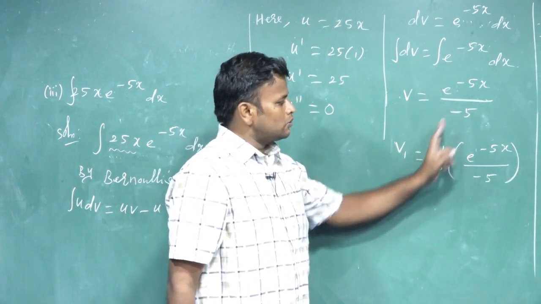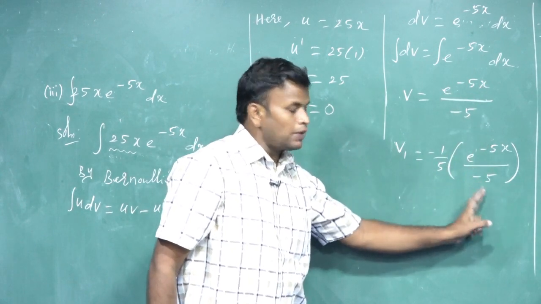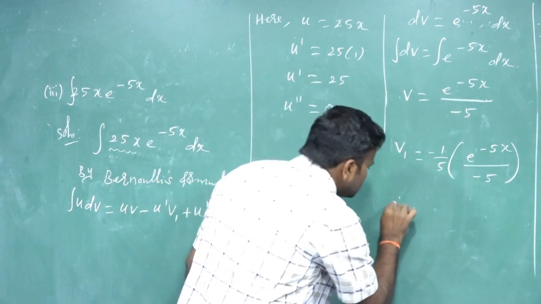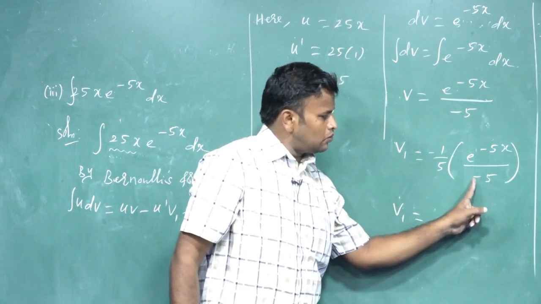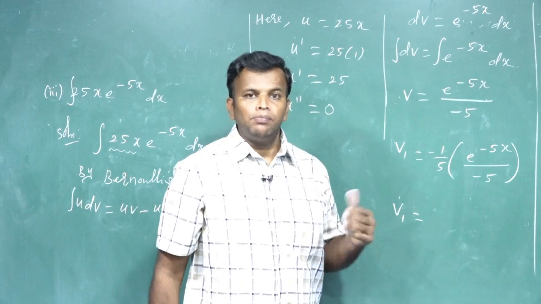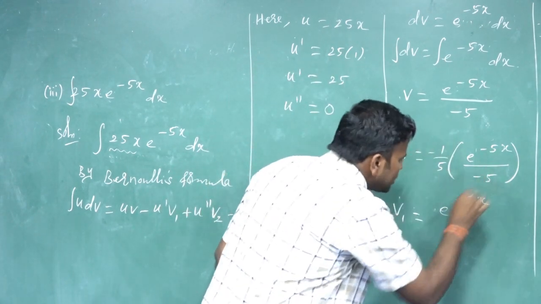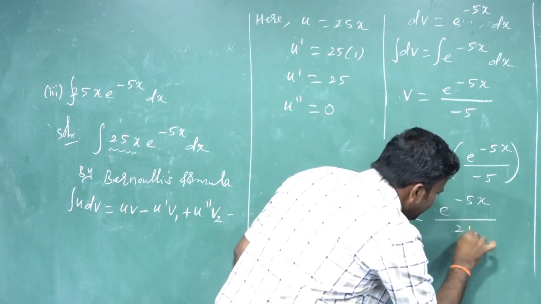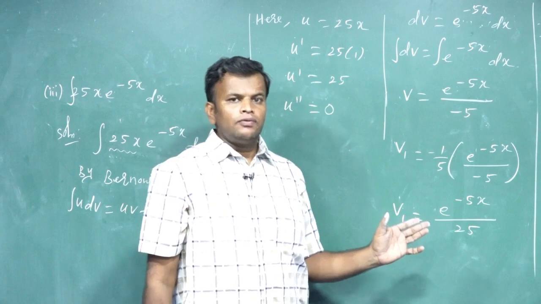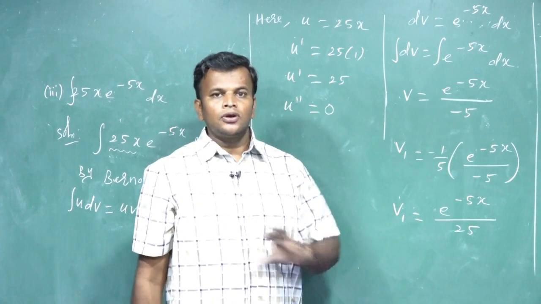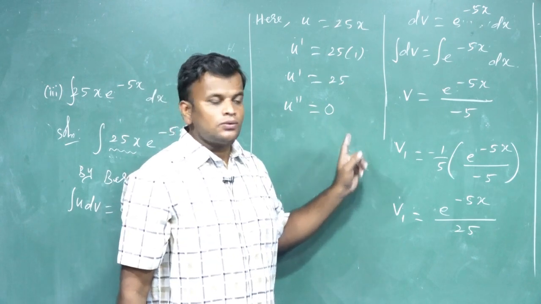We will take outside minus 1 by 5. The value of e1: numerator 1 minus, denominator 1 minus, minus by minus is plus. So e power minus 5x whole divided by 25 is the value of e1. We find v2? No need of v2 because u double dash is already 0.